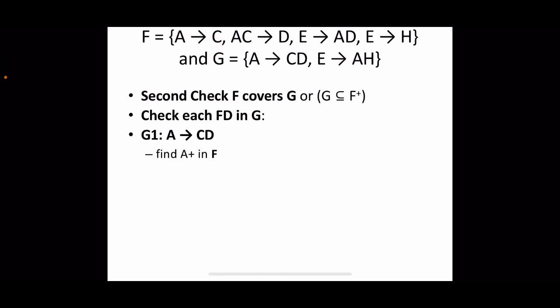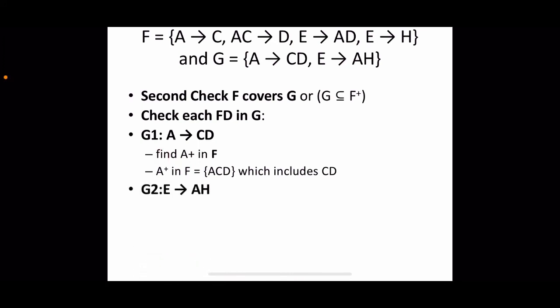The initial value of A closure will be A itself, right? So C can be added. Then we will take the second. AC is already a subset, so D also can be added. Now it is ACD. E is not a subset, so we cannot take this. So ACD will be the A closure and which includes CD, right? So G1 can be inferred from F.